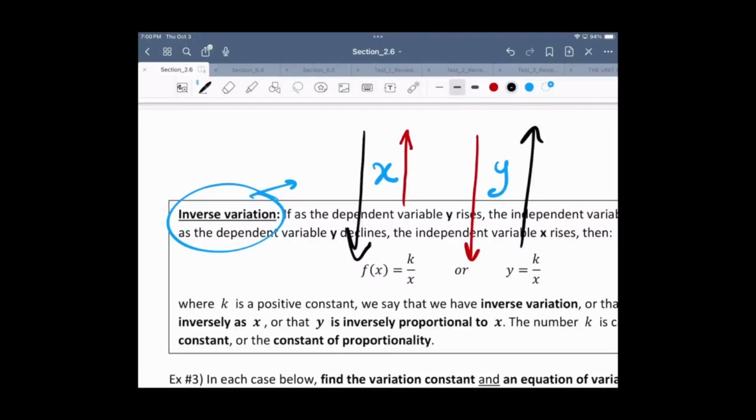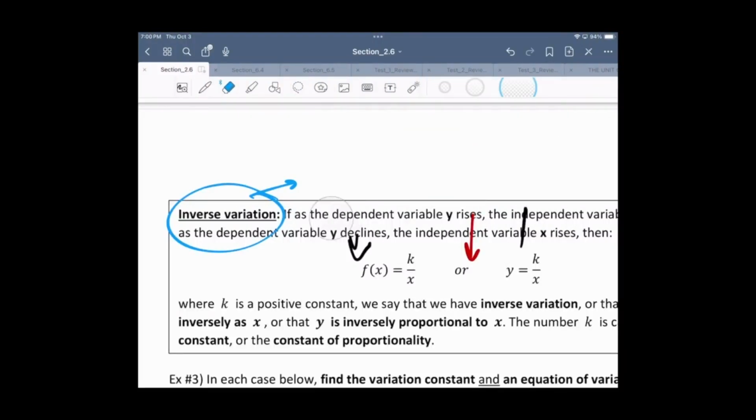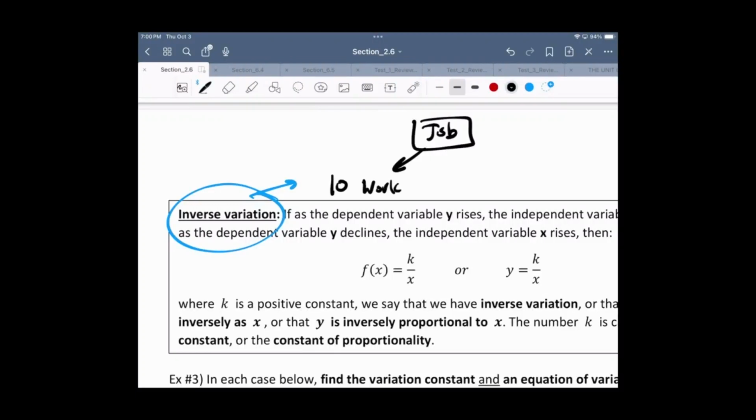So what are examples of this? Examples could be, let's say we're trying to finish a job. If you hire 10 workers to do this work, let's say it's going to take 3 hours to finish the job.